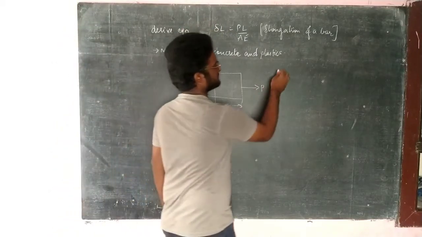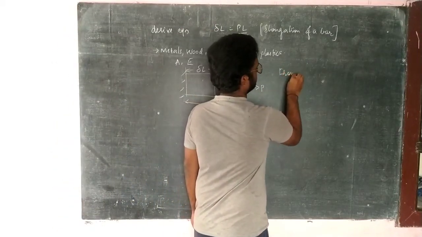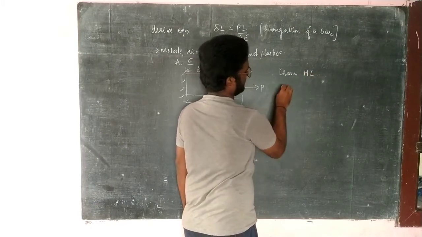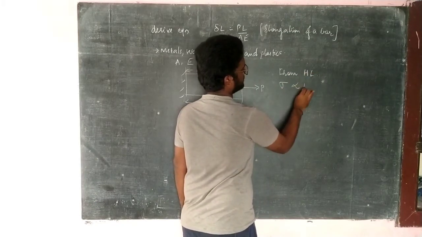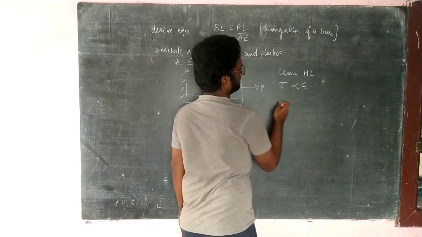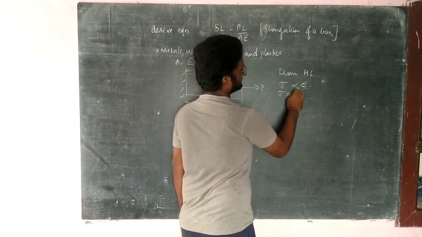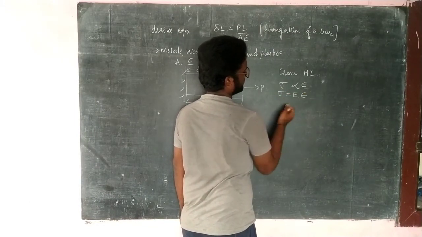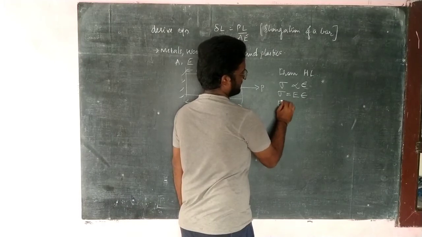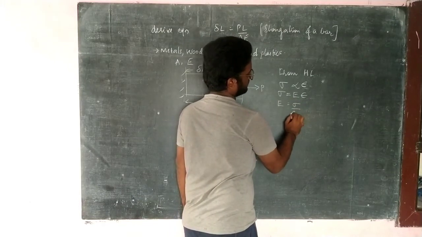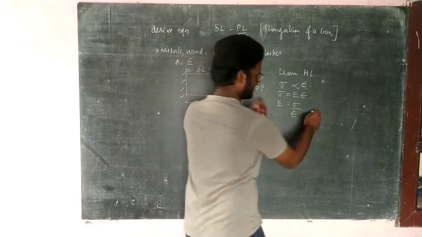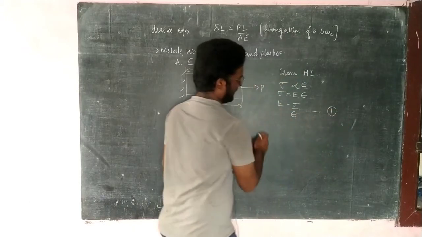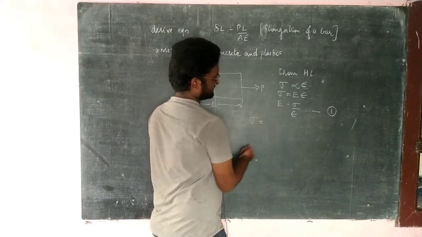From Hooke's law, friends, stress is directly proportional to strain. With this we have Young's modulus E, so E is equal to sigma upon epsilon. This is our first equation, and we already know what is stress.